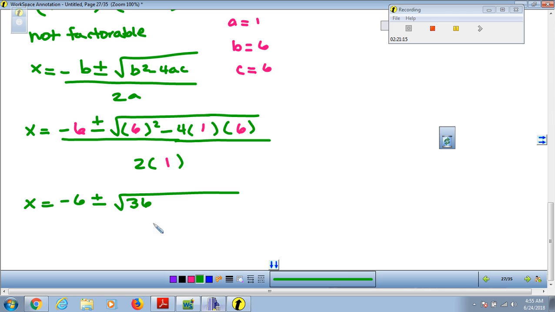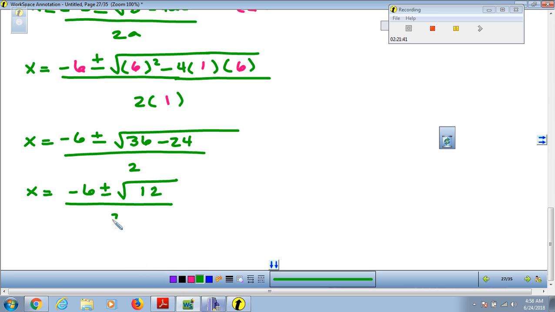Negative 4 times 1 is negative 4. Negative 4 times 6, negative 24, over 2. So 36 minus 24, that's going to be 12, over 2.